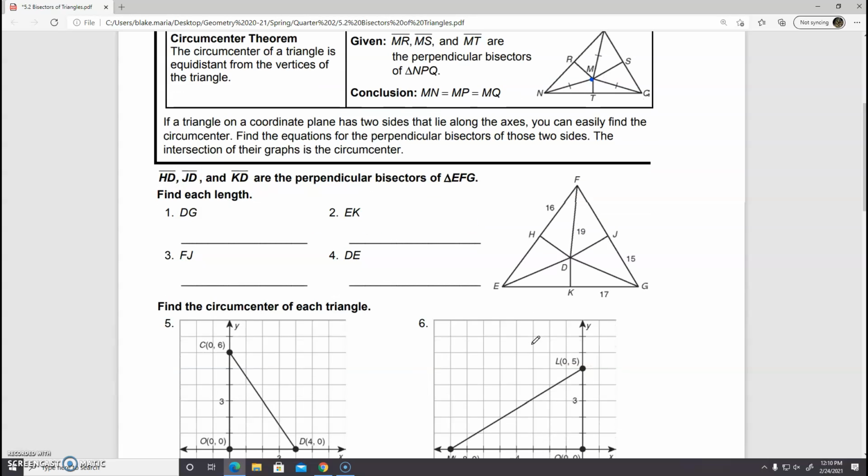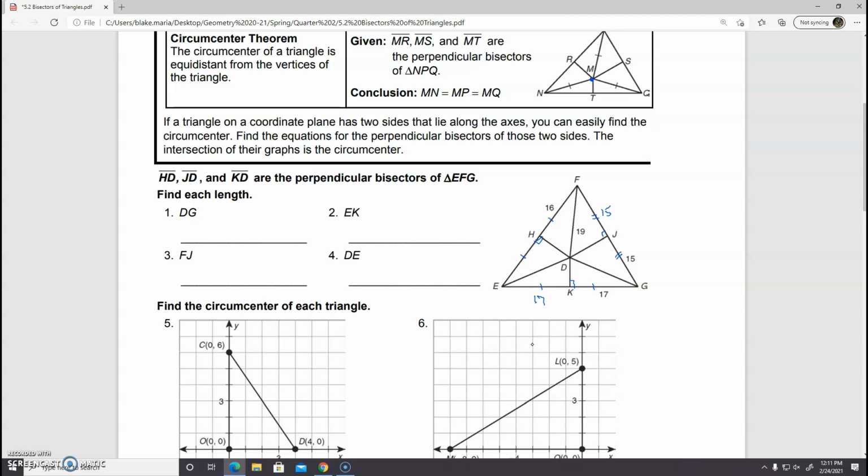All right, so moving on. HD, JD, and KD are all perpendicular bisectors. So let's take that for a minute. KD is a perpendicular bisector. So we know if this is 17, this is 17. JD is a perpendicular bisector. So if this is 15, this is 15. HD is a perpendicular bisector.